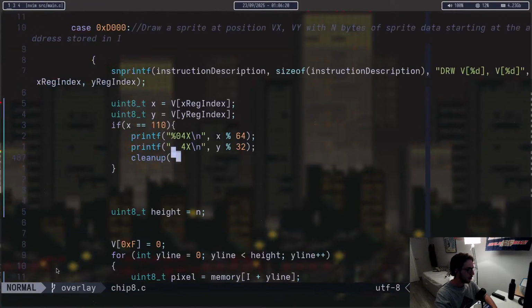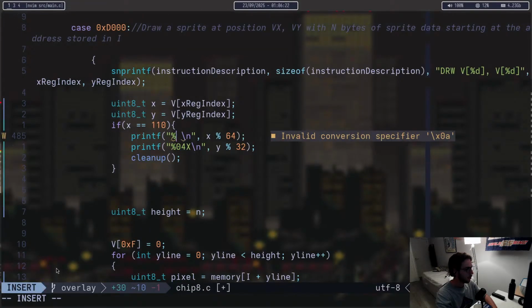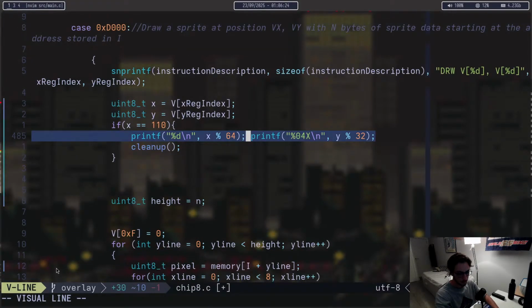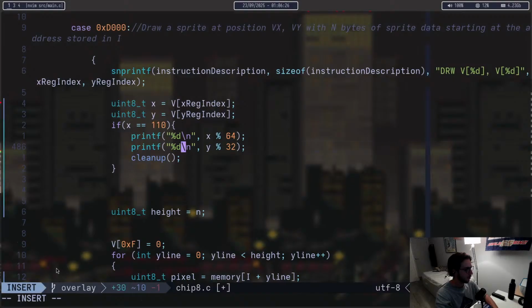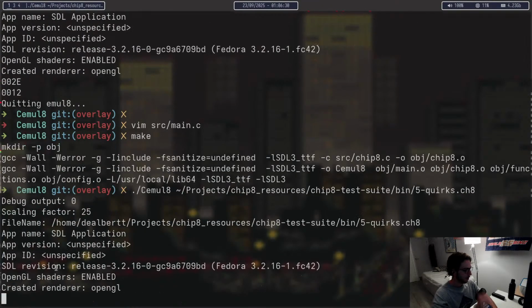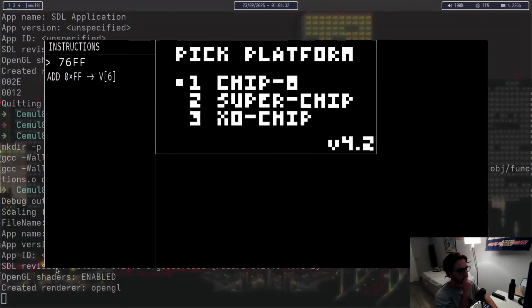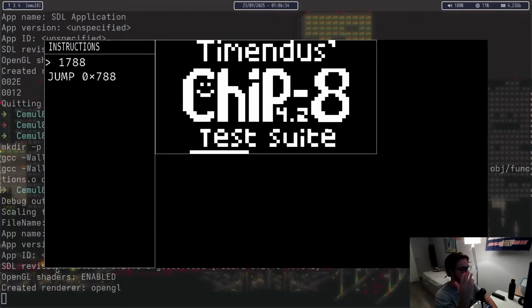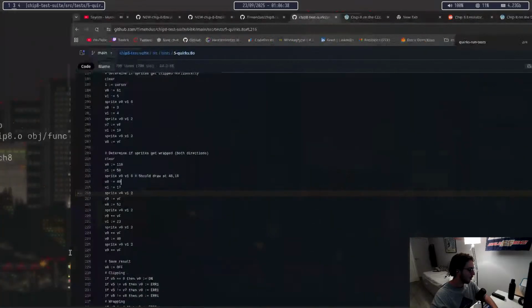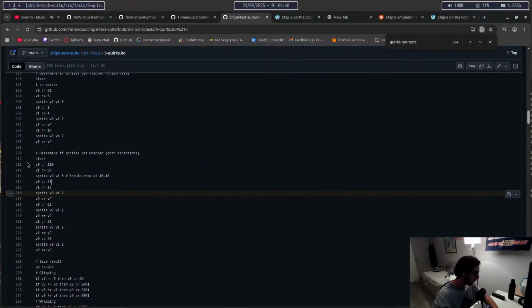Okay, I probably should have printed it in human readable. Okay. So at least the check works, which is great. 46 and 18, which is great as well.